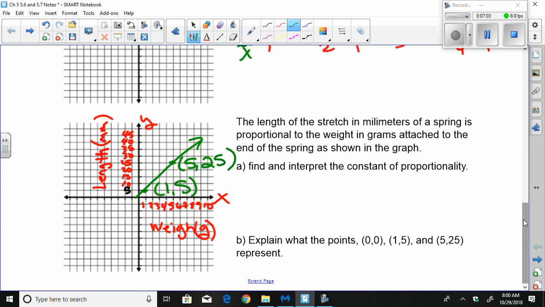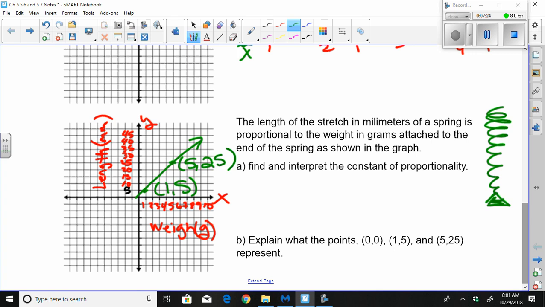Okay. So let's look at what we have here. The length of the stretch in millimeters of a spring is proportional to the weight in grams attached to the end of the spring. So you have this spring going in its circles, and it gets stretched out because it's got this weight at the bottom, pulling down on it.